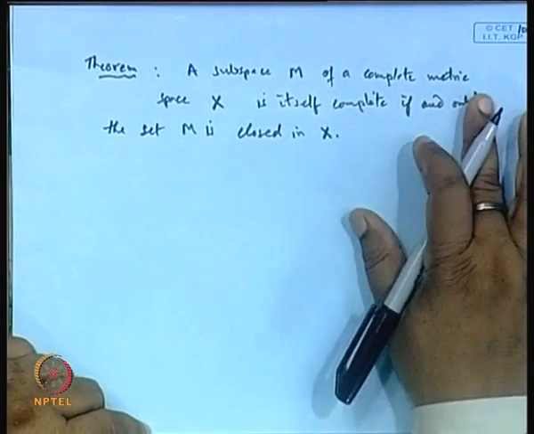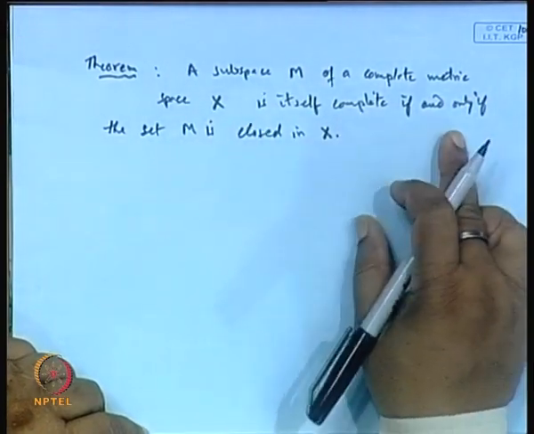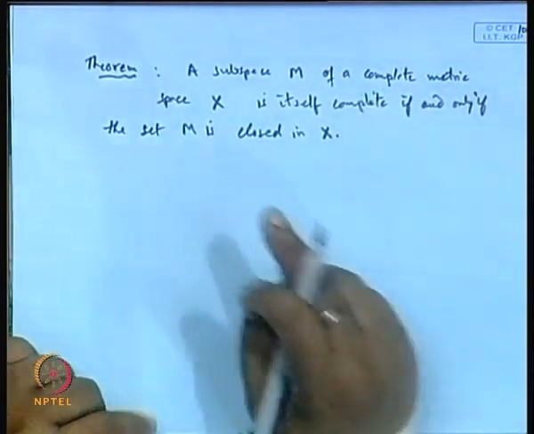A subspace M of a complete metric space X is itself complete if and only if the set M is closed.